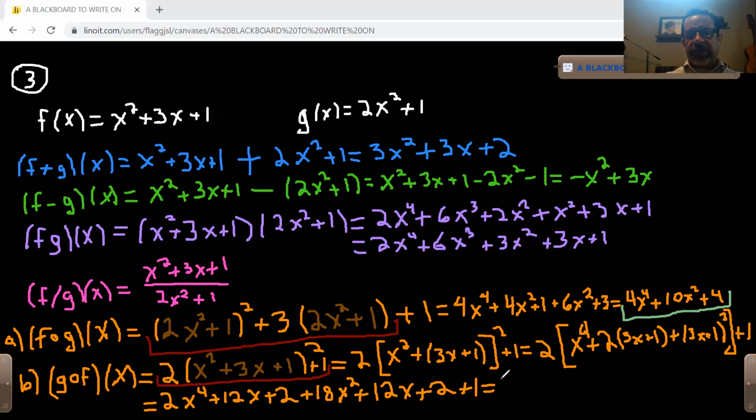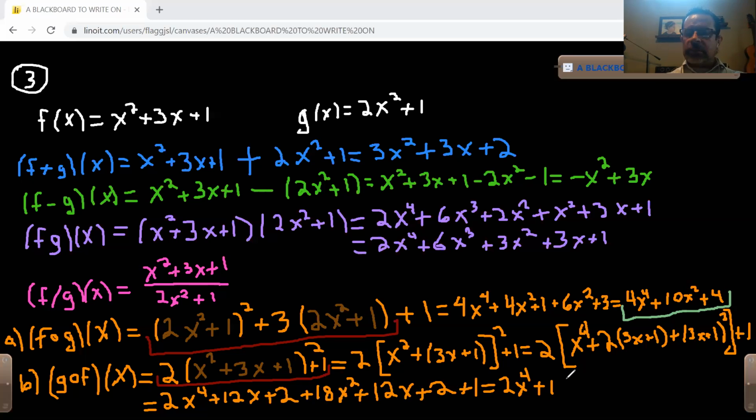So we've got 2x to the 4. We've got 12x plus 12x is, well, let's put them in order. The next one would be 18x squared. Oh, wait a minute.